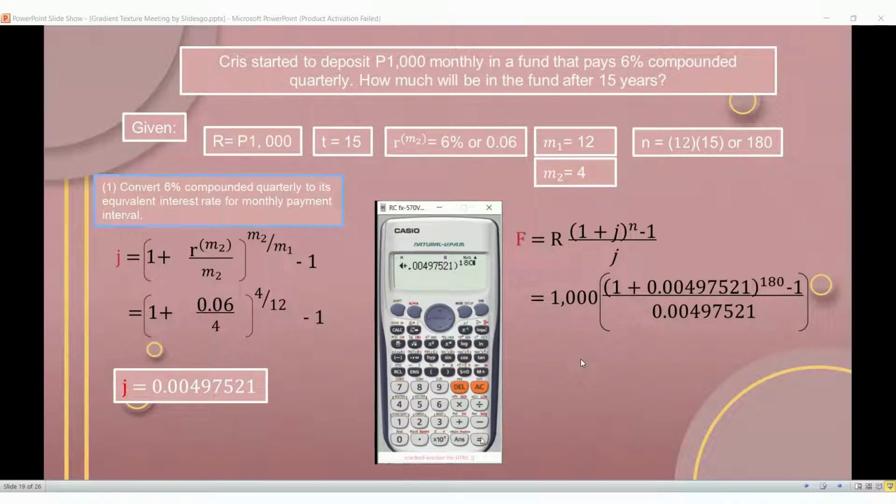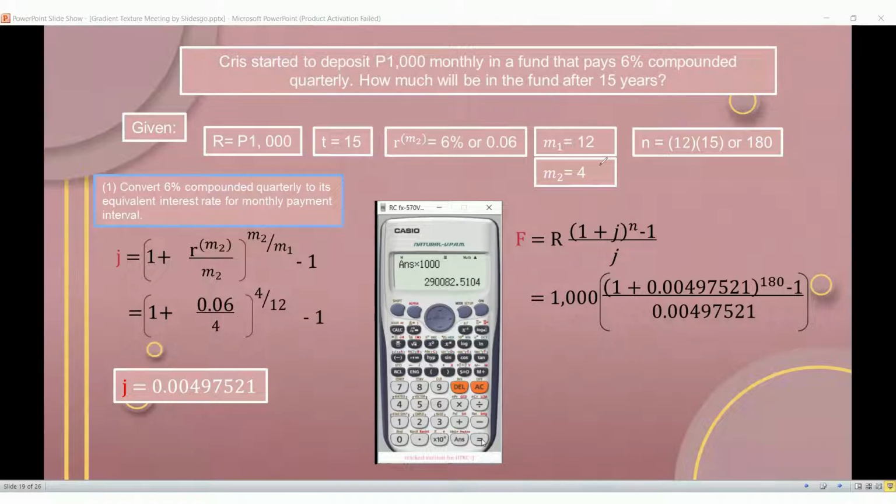Minus 1 sa ating answer. Divide natin sa j ulit, sa denominator, 0.004975521. And then i-multiply naman natin sa 1,000 na pag nakuha natin sagot sa loob ng parenthesis.